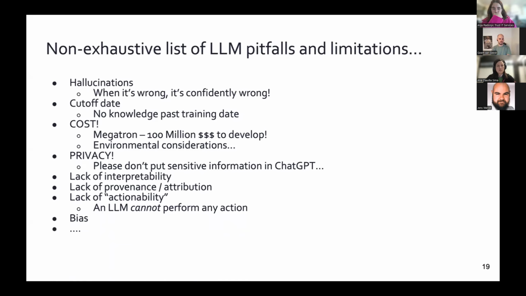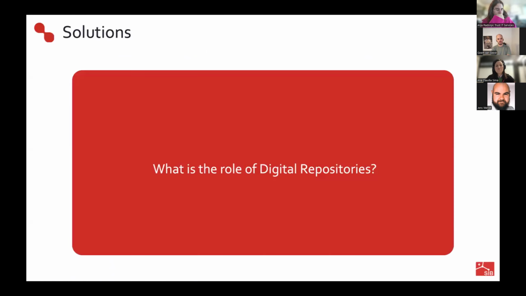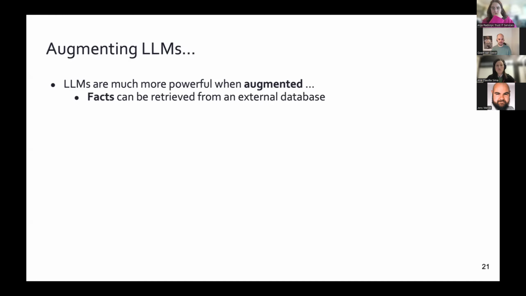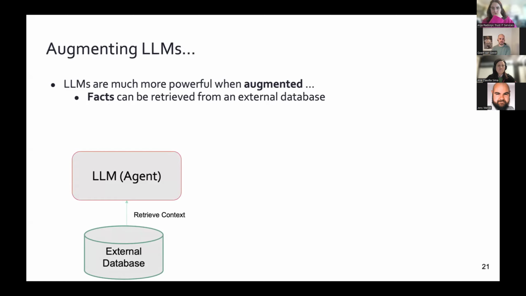So considering this, both positive and negative aspects of LLM, what is then the role of digital repositories in this? Well, LLMs are a powerful interface. So they are much more powerful when augmented with facts that can be retrieved from a curated external database, as well as tools, so services that can be accessed, for example, via APIs.